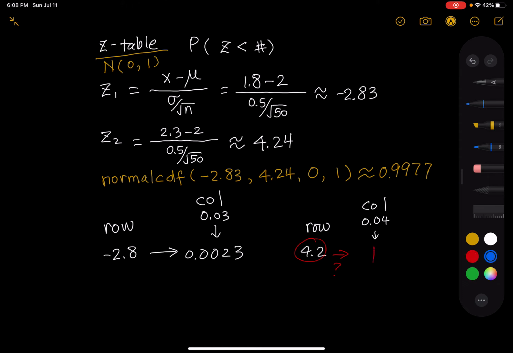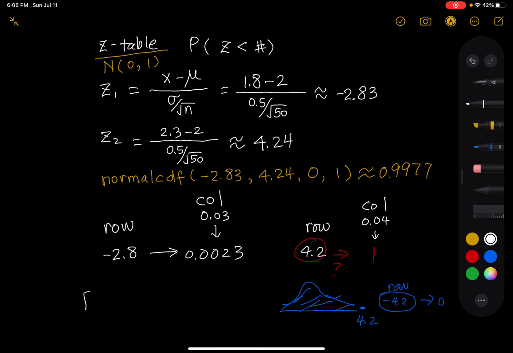Now, if in another case you want to look up row negative 4.2, because it's negative, it will correspond to an area of 0. Because if you draw the picture, you know 4.2 is all the way to the tail right here. Okay, so all the area to the left of it should be 1. So if you draw the picture, you should have the realization, even if it's not on the table.